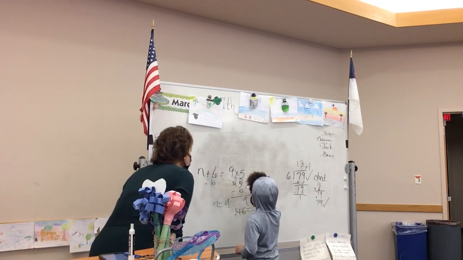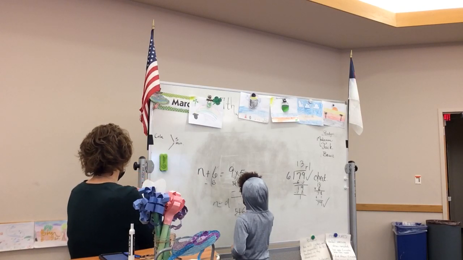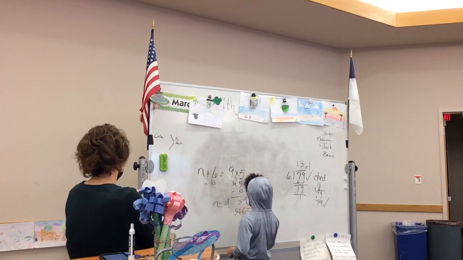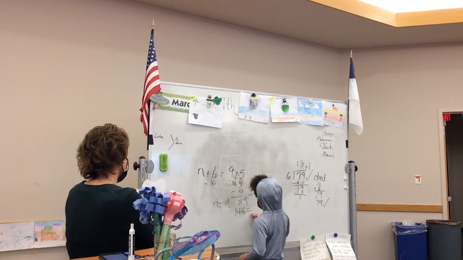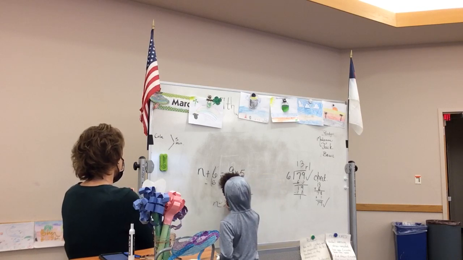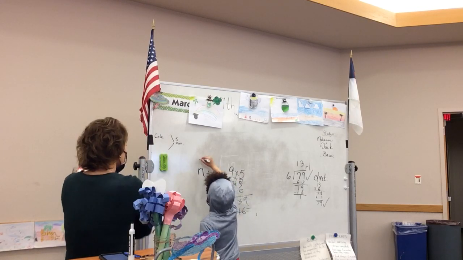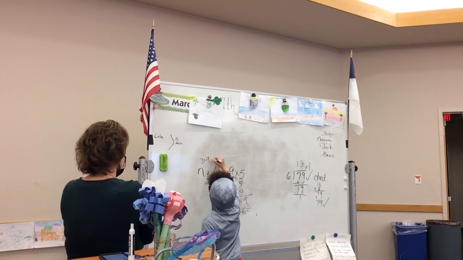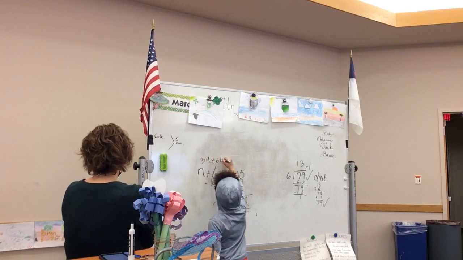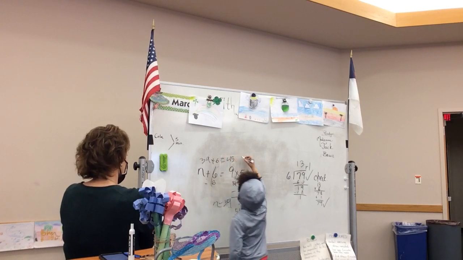What is 45 minus 6? You didn't finish that. There you go. All right, so n equals 39. Okay, so there you go. So then you're going to go back up here, and we're going to do 39 plus 6. There you go.